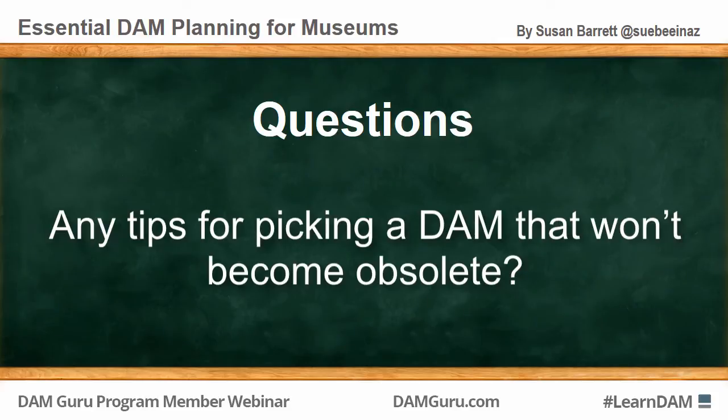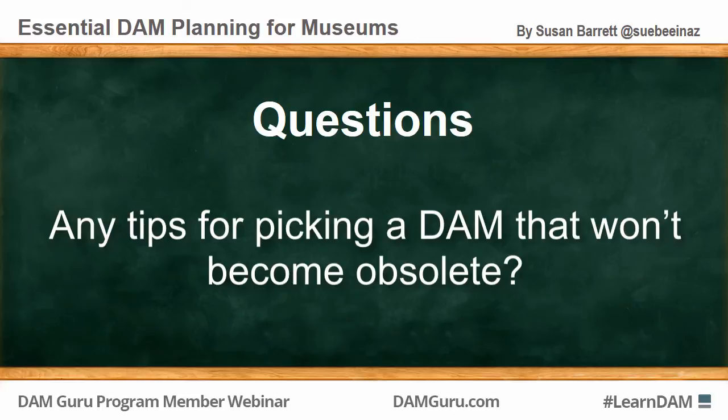The software, the hardware, where we store it, how we store it, what we call it, those things are going to continue to change. So while it's important to select the best system that you can for your current needs and as much as you can plan for your future development, at some point we need to be flexible enough to move from an older system to a new system.